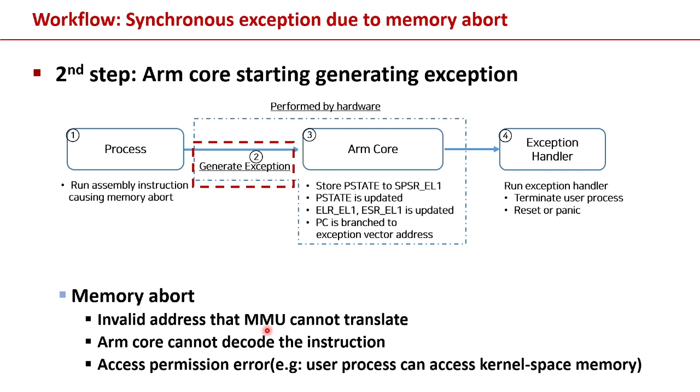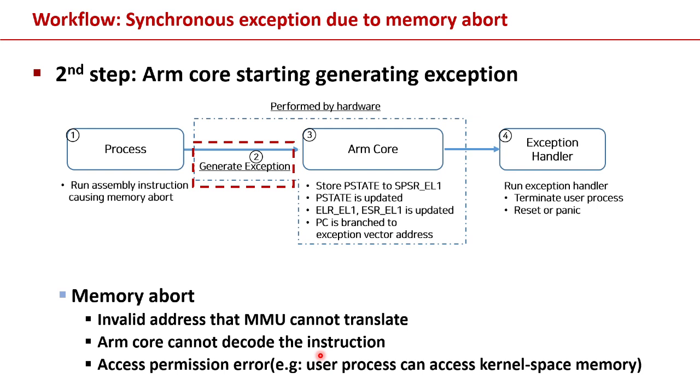Another reason of memory abort is that sometimes the ARM core cannot decode the instruction. Take for example, if the DRAM's external memory is corrupted due to a hardware fault, sometimes an instruction may be corrupted.